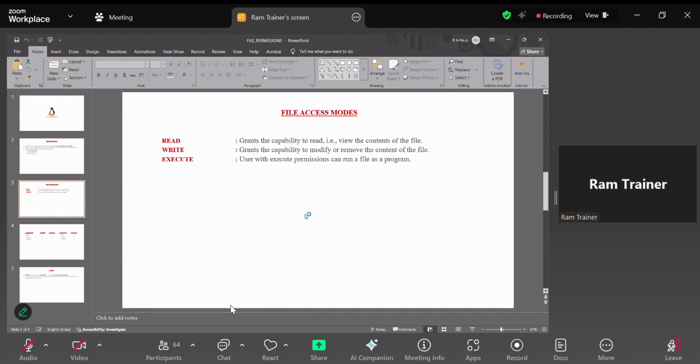Read grants the capability to read. When the file has read only, people can view the file content only. They cannot modify, they cannot delete. When the file has write permission, you can modify or remove content in your file. By default, every file has read-only permission.